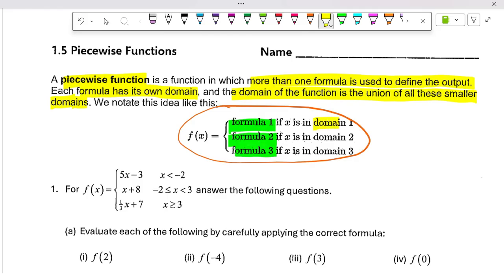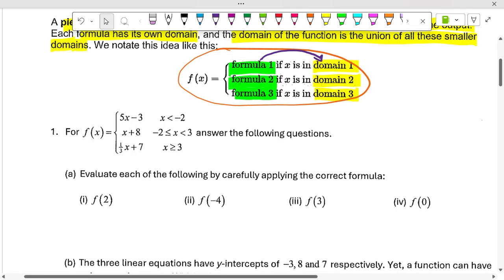Next to those functions are the domains. So in other words, whatever domain is next to the function, that's the domain that applies to that function. Meaning that function's only applied for those specific x values.